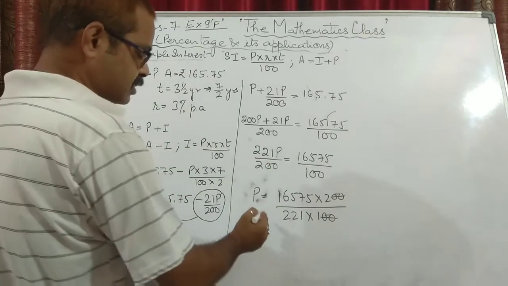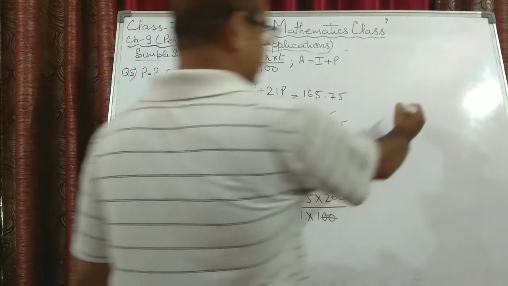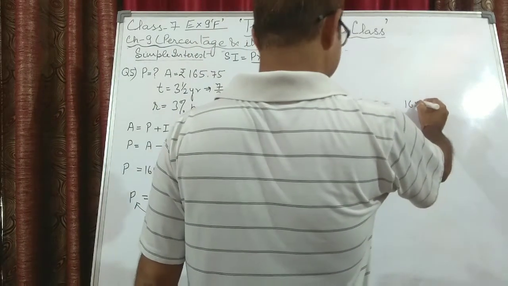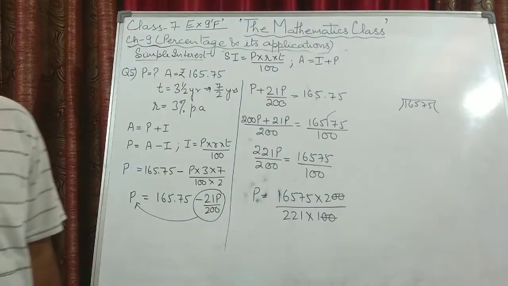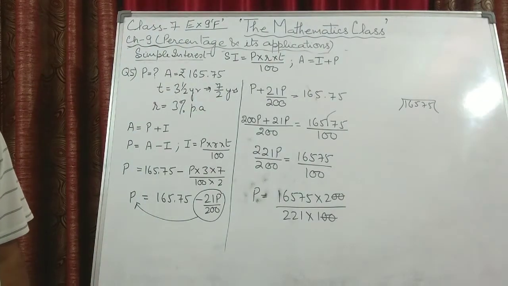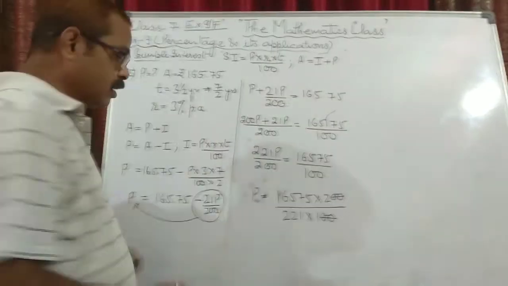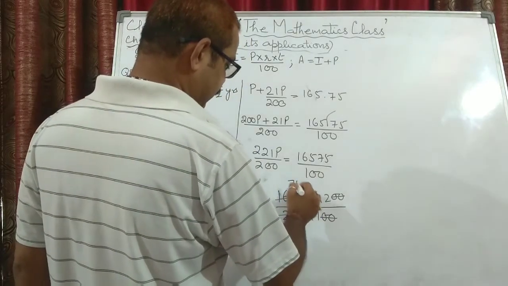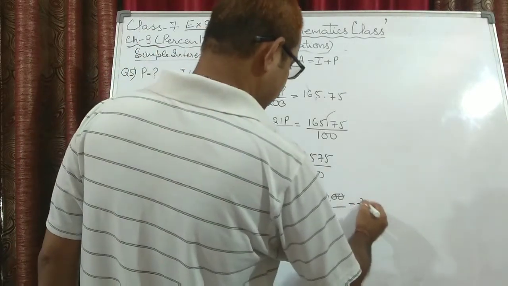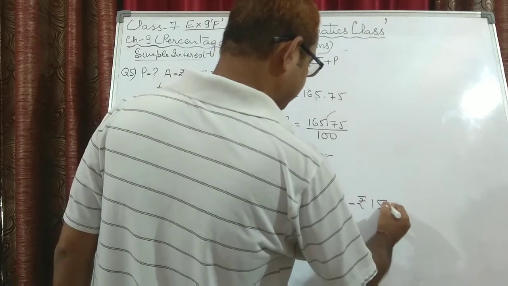It means we will see whether 16575 is divisible by 11 or not. 16575 is divisible, or now this will divide by 75. Now 75 into 2 is rupees 150.